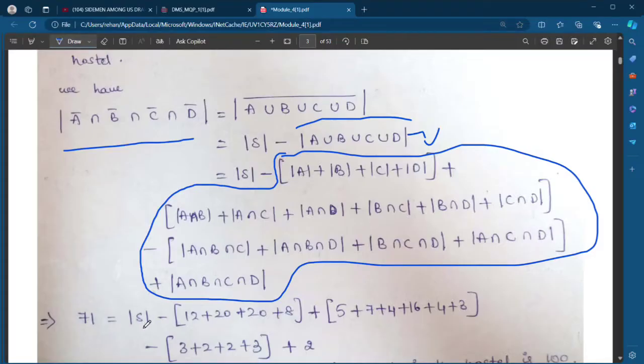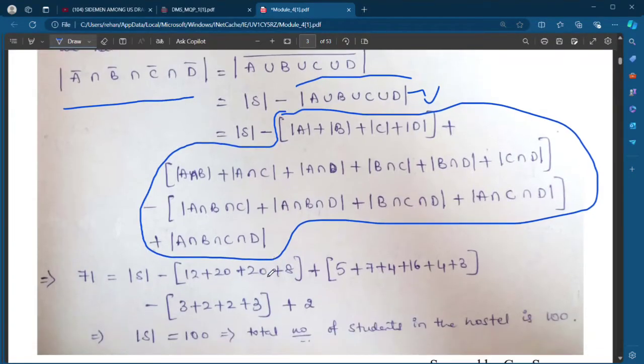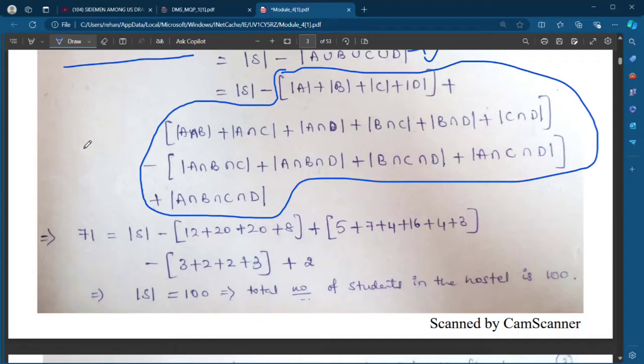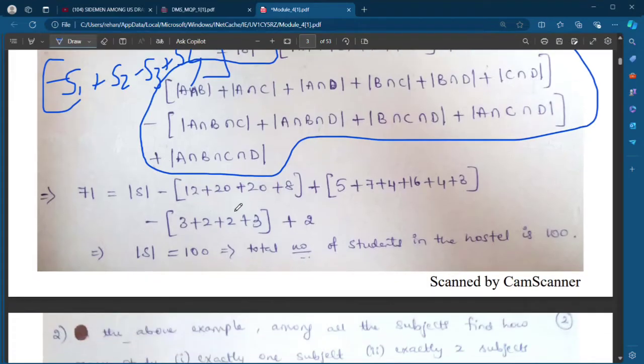Now S I don't know, but this value I know. So 71 is equal to mod S minus this. So I can simply write mod S minus S1 plus S2 minus S3 plus S4. This thing I can find, whatever the value I am getting, I will keep it as it is.